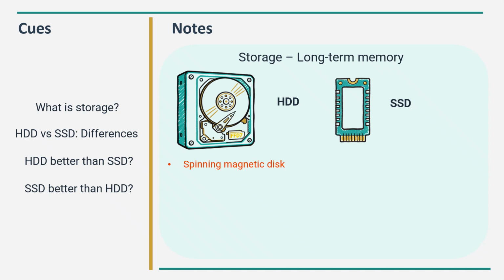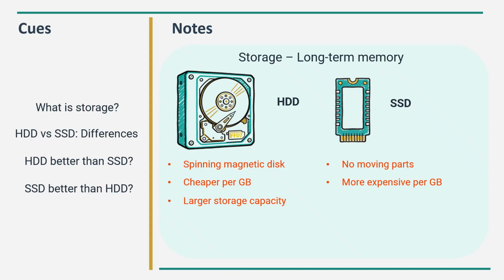The HDD, as you can see in the picture, has a spinning magnetic disk, while the SSD has no moving parts. The HDD is also cheaper per gigabyte compared to the SSD, which is more expensive per gigabyte. HDD also has larger storage capacity than SSD, which has a limited storage capacity.